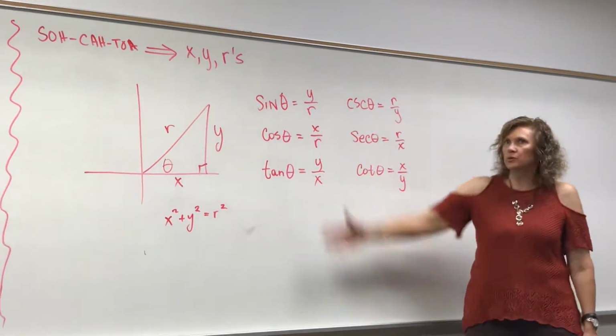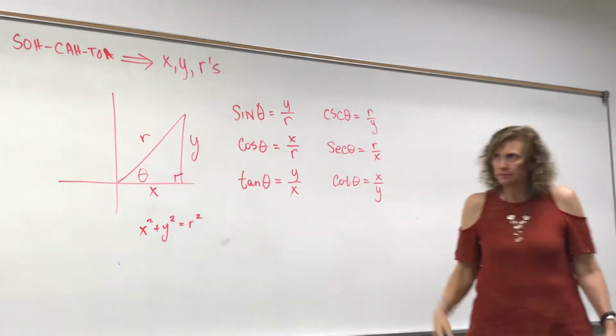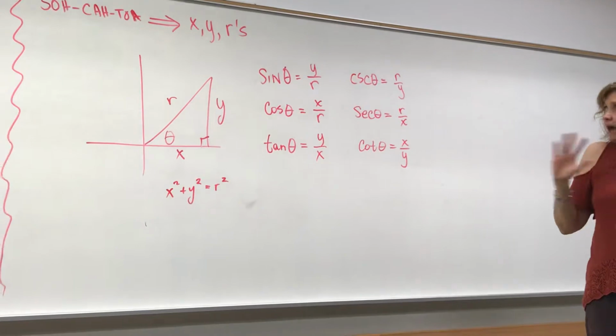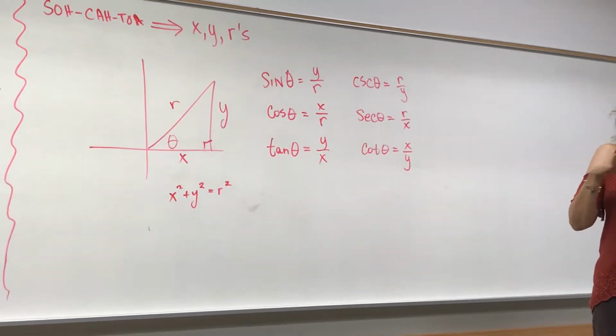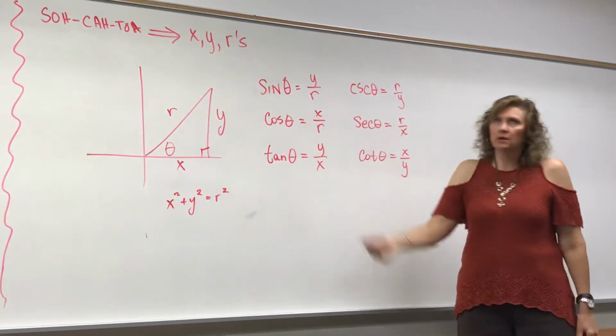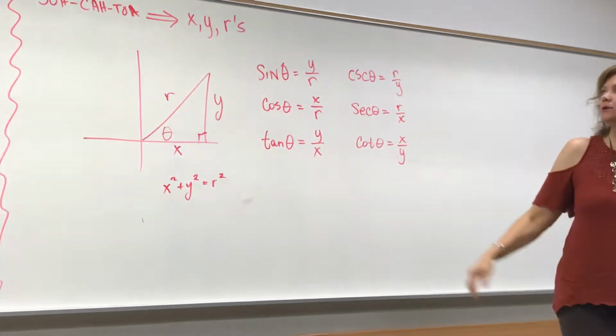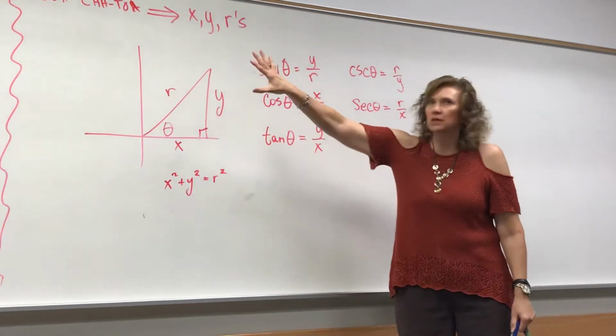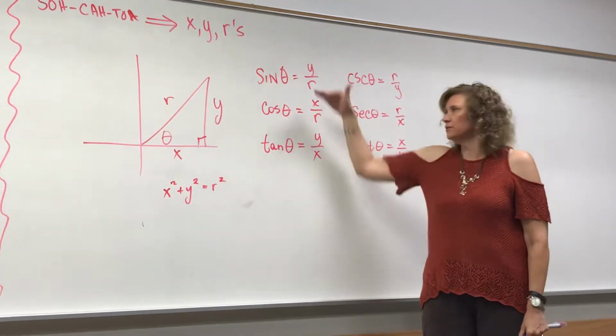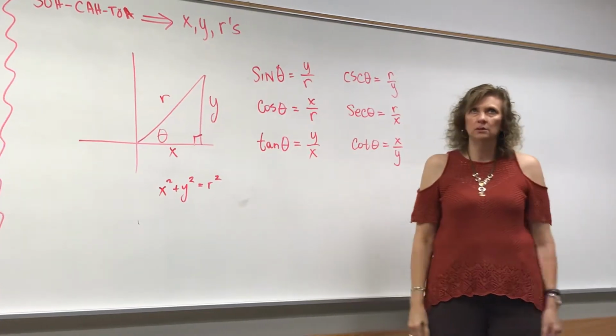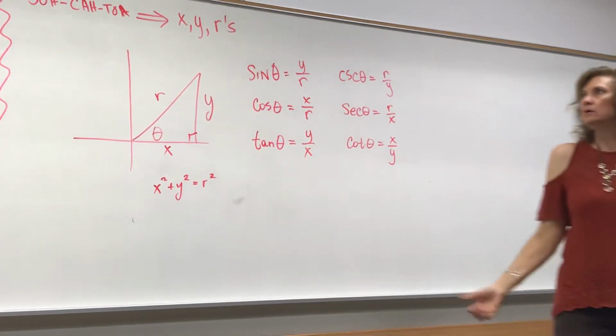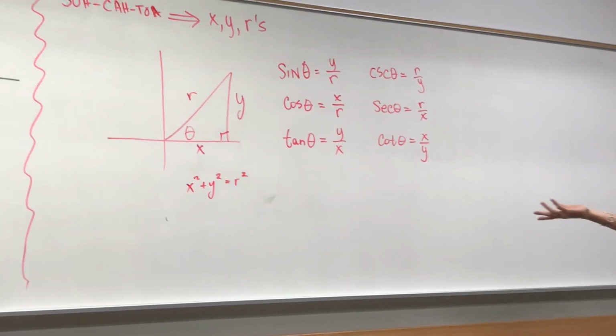If you can just remember those, you've got these three all down pat. You can absolutely draw this, think SOHCAHTOA, and just write this down. If you write this down 15 times in the next, whatever, that would be a great thing.